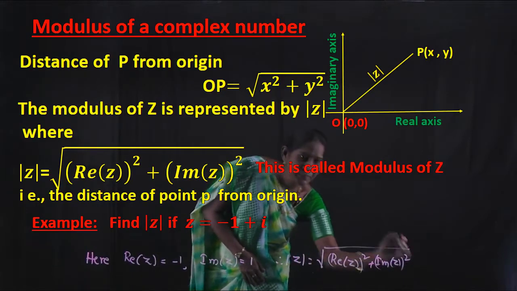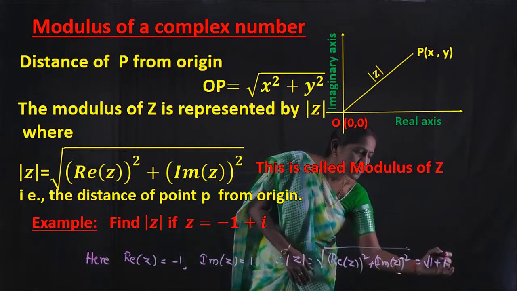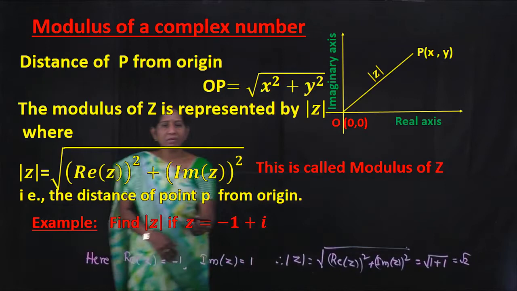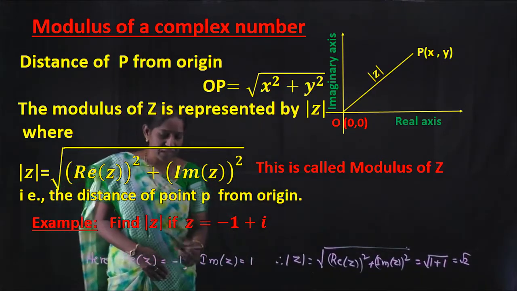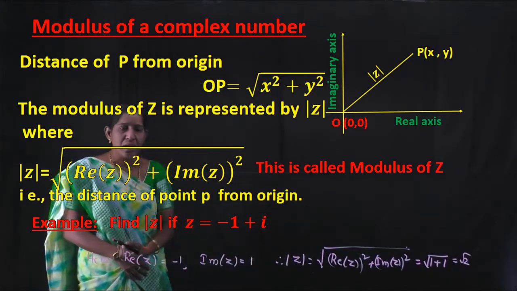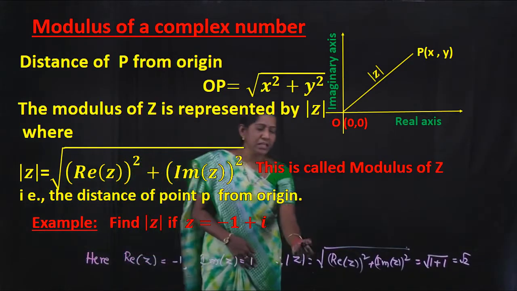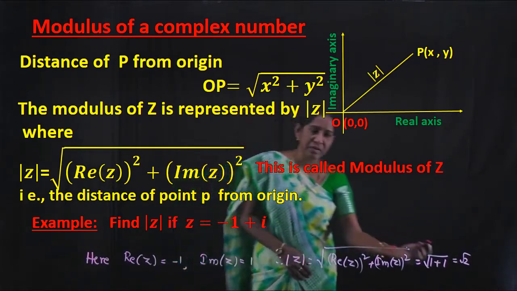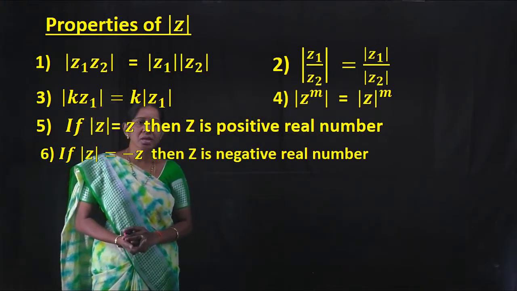That is square root of (minus 1) whole square is 1, plus 1 square is 1, that is equal to root 2. So Z equal to minus 1 plus i, then mod Z equal to square root of x square plus y square, where x is real part of Z, minus 1, y is imaginary part of Z, 1. Therefore mod Z equal to square root of (minus 1) whole square plus 1 square, that is equal to root 2.